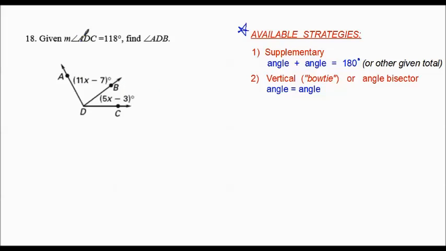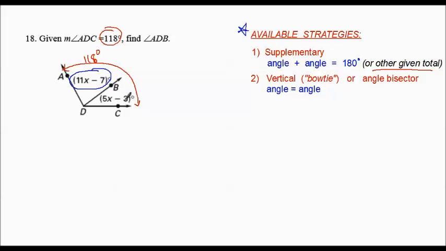In this case, we have angle ADC, which if I highlight it with my highlighter, that entire angle, it says it's 118 degrees. Now when I look at my definition for supplementary, the angle plus angle can equal another given total, which is exactly what they gave us here. So I'm going to be using that strategy.